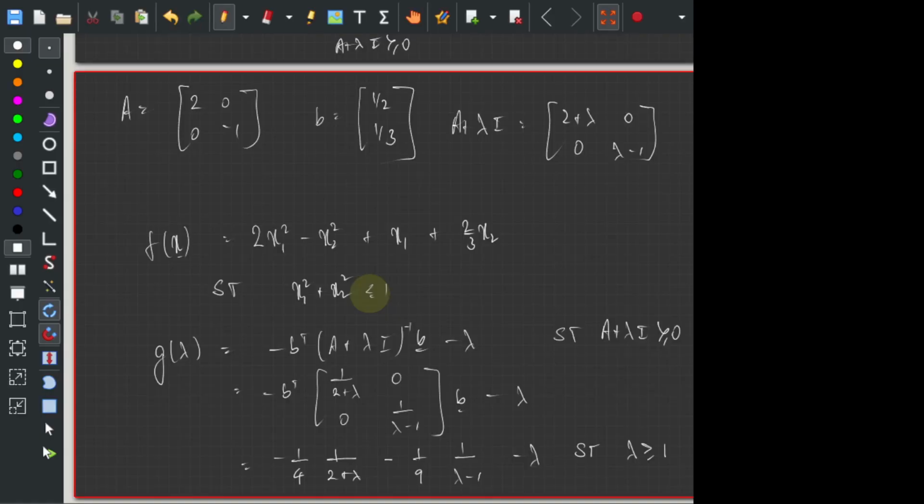Now let me say L is, so I want to plot this function in the range lambda greater than or equal to 1.